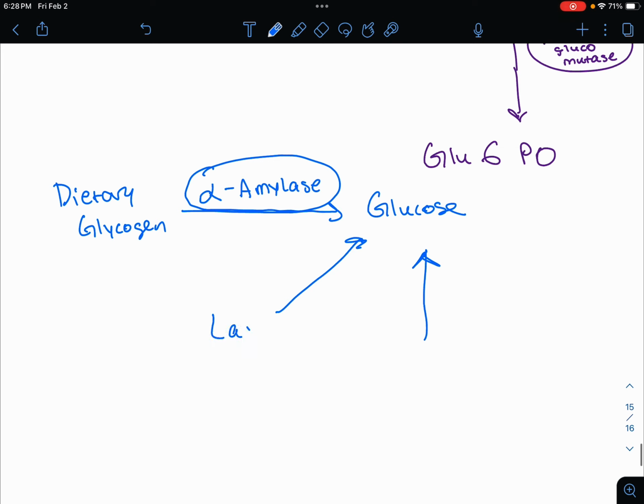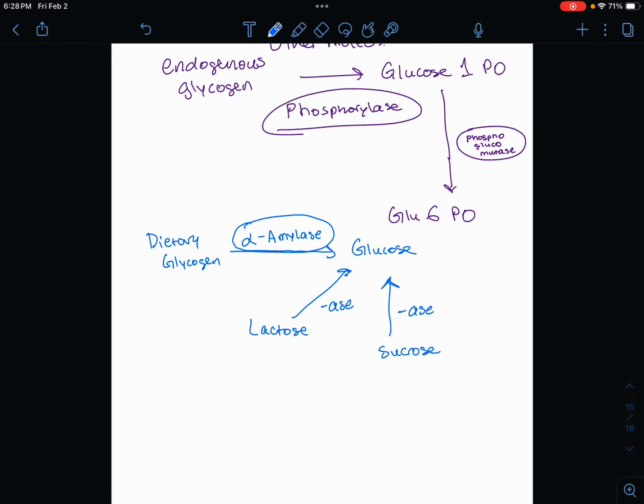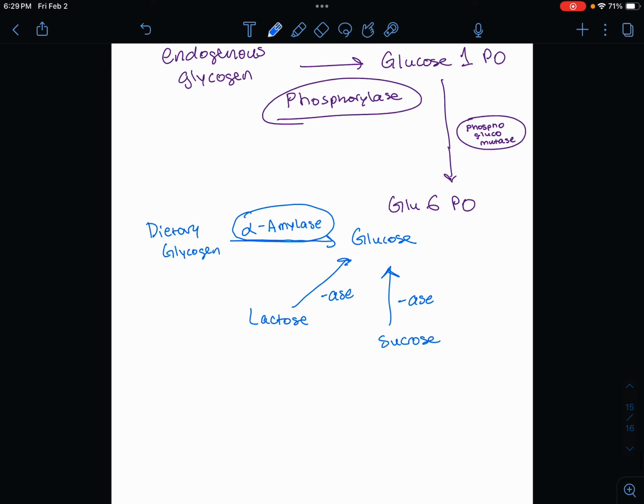We have lactose and sucrose. They also make another product other than just glucose, but lactose will use lactase, so I'm going to just write ase at the end there. Sucrose, similarly, we'll just use sucrase, so the enzyme there is kind of sharing a name with the reactant. Right.